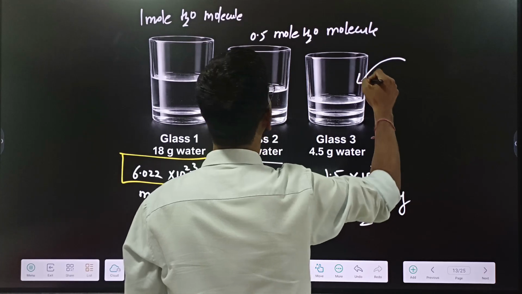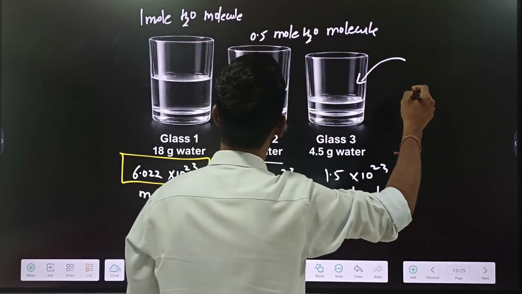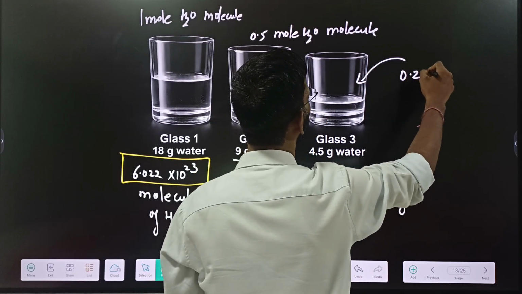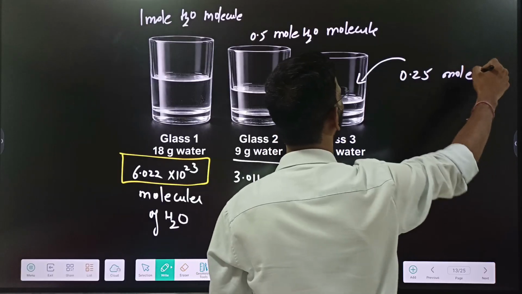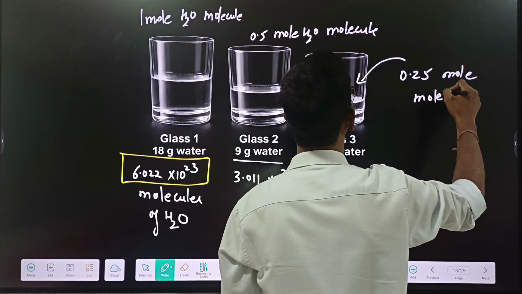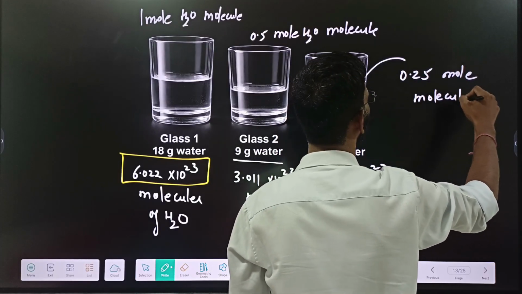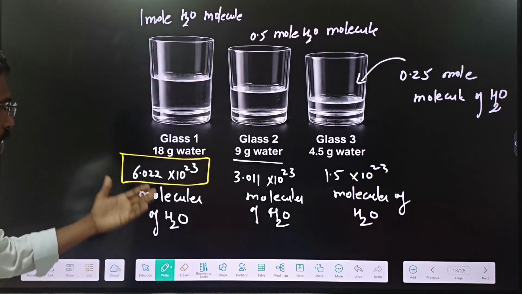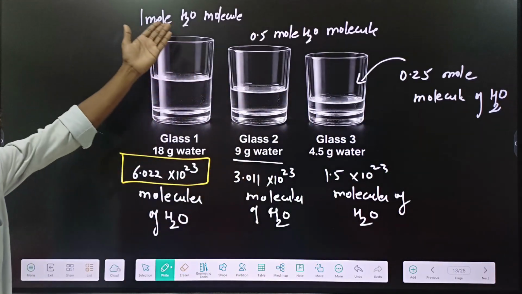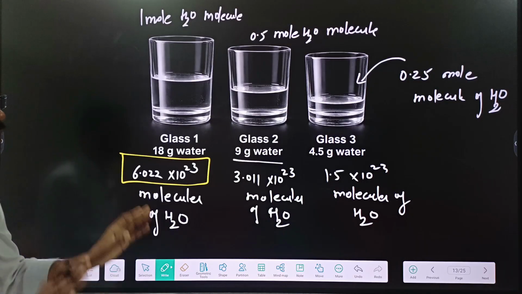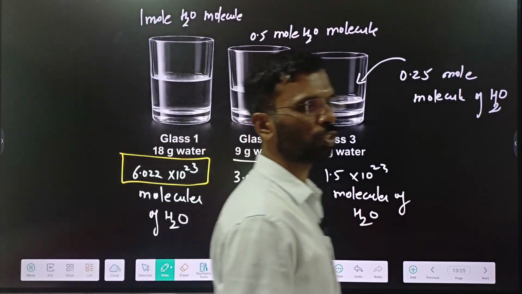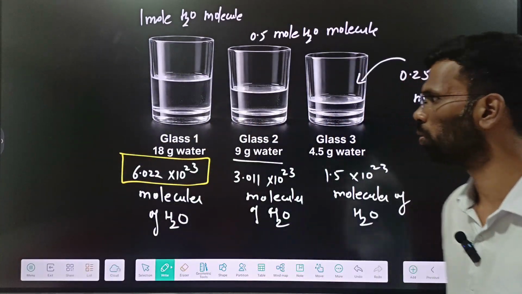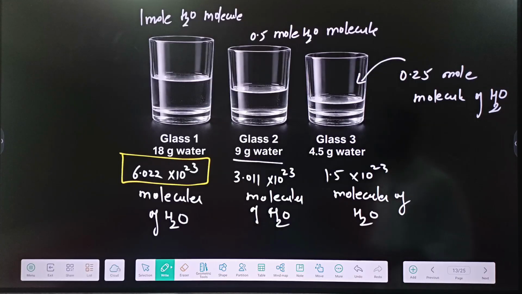Over here still half of it, means somewhere 0.25 mole molecules of H2O. So I can say the exact numbers, I can also say in terms of moles. That is what is a definition of the mole over here is. Finally, it is helping you out.